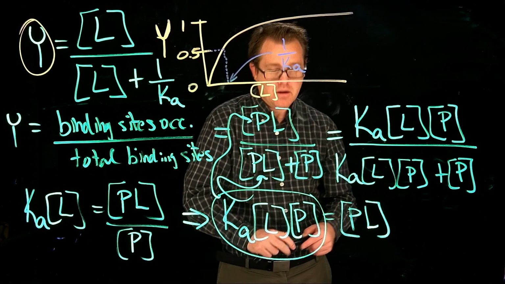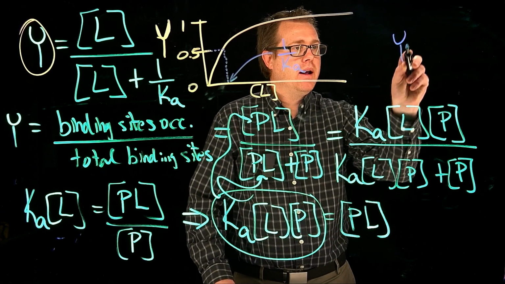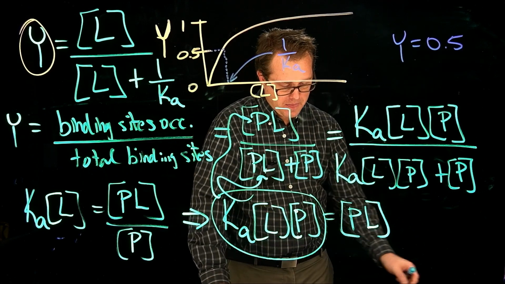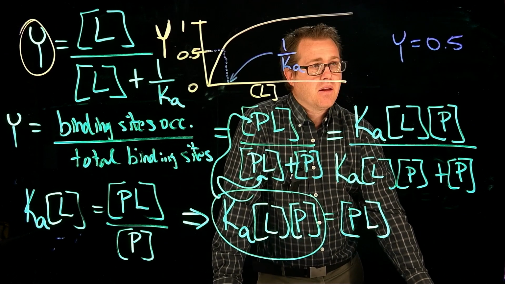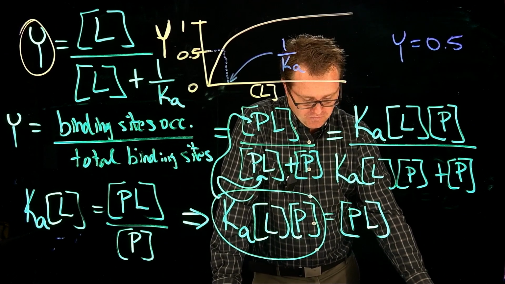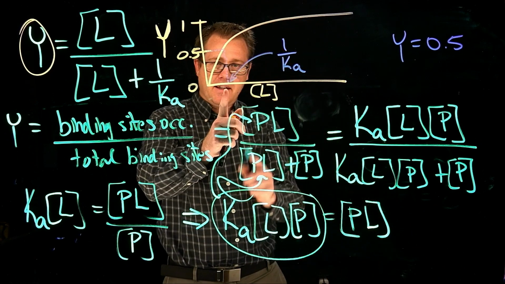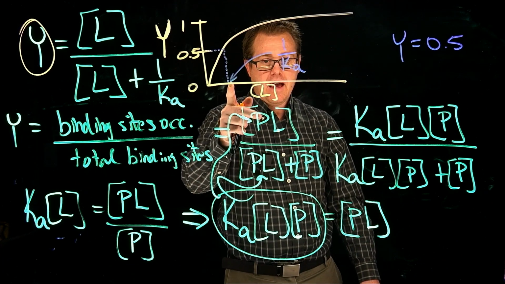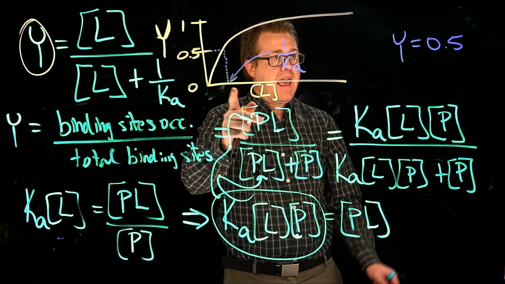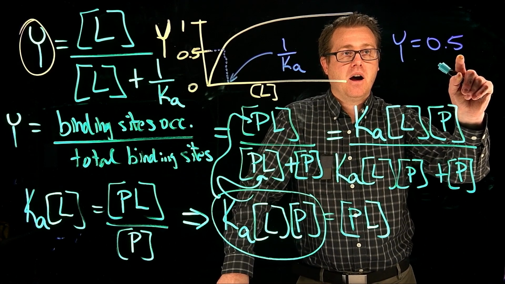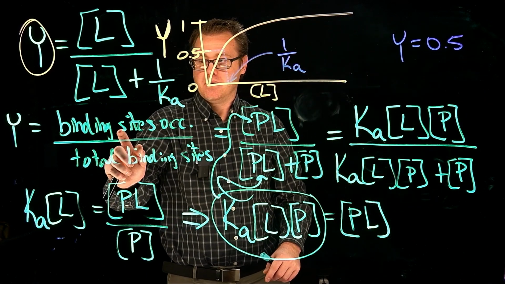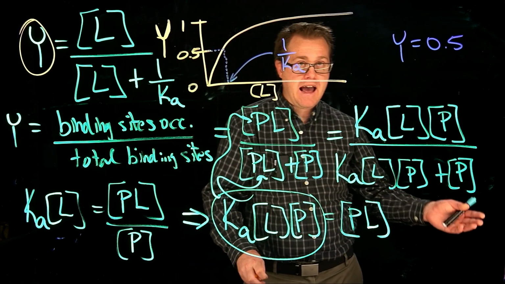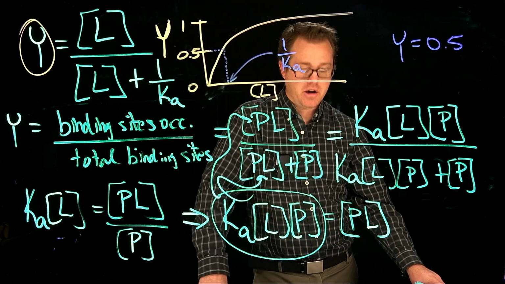Okay. Well, that simply is y equals 0.5. Okay. So that means that at this ligand concentration, at that concentration of ligand, half of the binding sites are occupied. And then the other half of the binding sites are unoccupied.